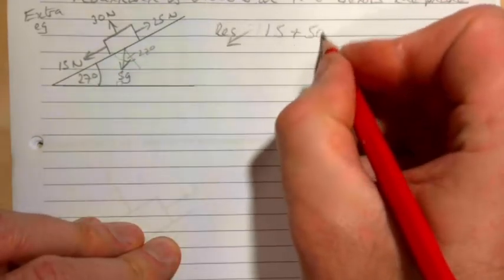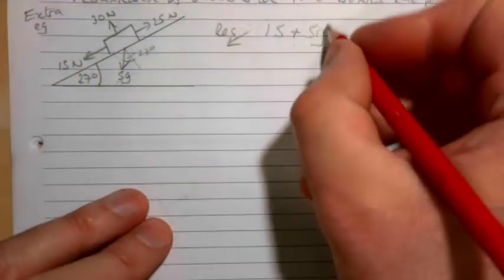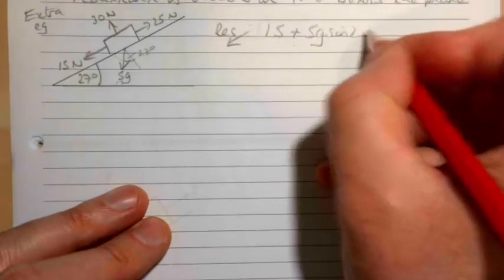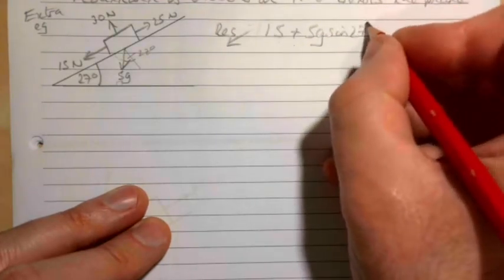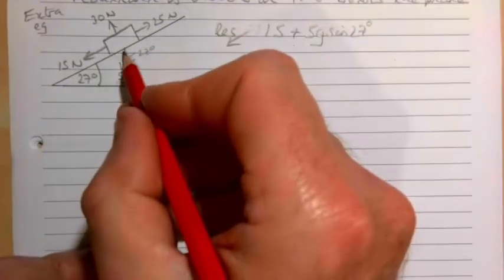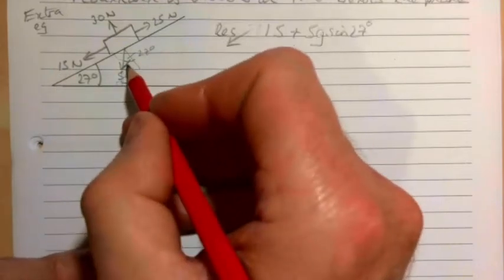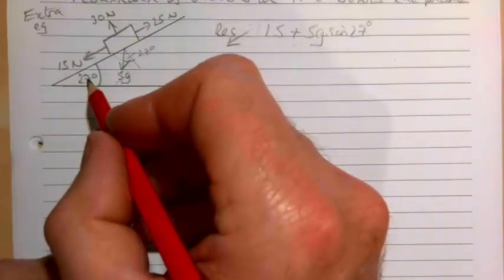So it's 5G, and we're not going across that 27 when we're resolving this direction here. So it's going to be sine, so it's 5G sine 27. Cos across was something I said a few videos ago, and another one is sine slope. If you're resolving the weight going down the slope, it tends to be sine of this angle here.